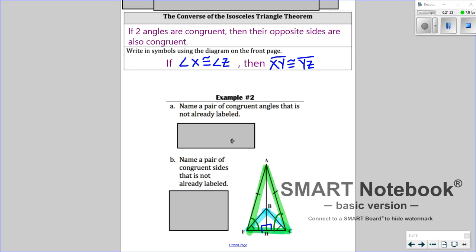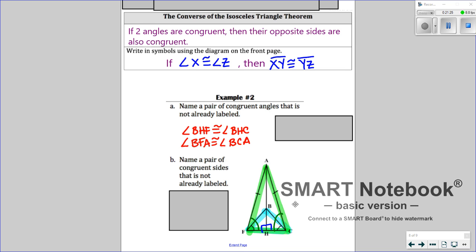So let me unveil the answer. And then we got angle BHF and BHC, which are congruent. And then we have BFA and BCA are congruent.